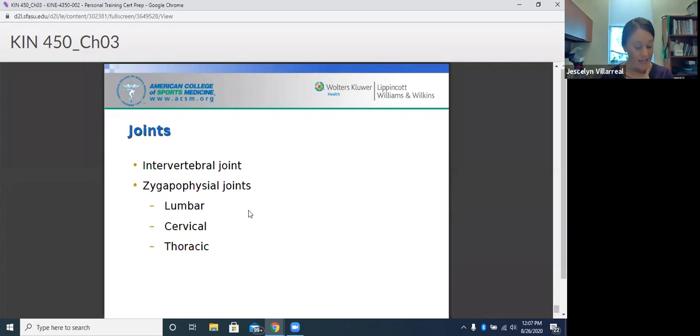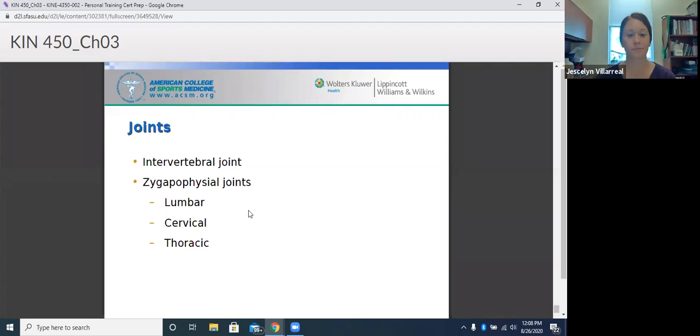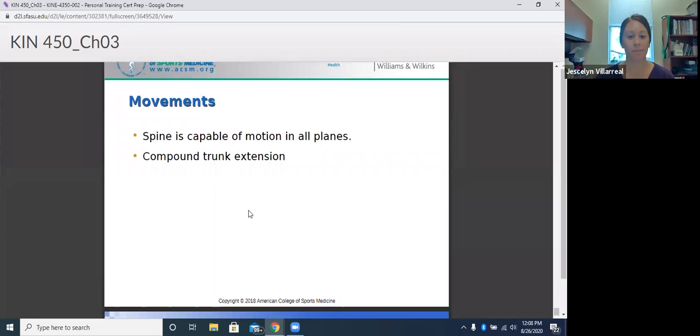Cervical and thoracic are angled to accommodate axial rotation. Okay, so you can move your head and neck, practice that, get some nice movement, and then move your cervical spine or thoracic spine. The spine is capable of motion in all planes. The extent of motion varies on the region, like just discussed.